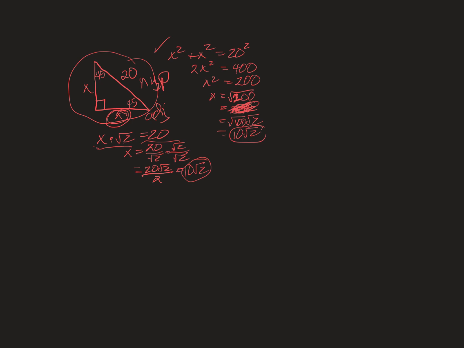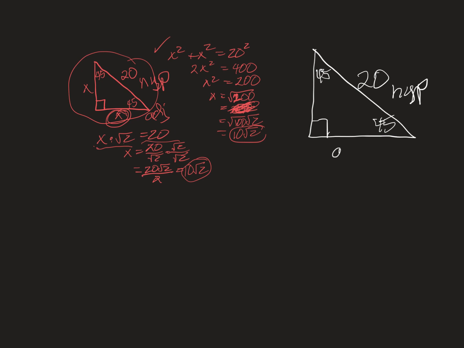I had something come up, kind of slowed me down. All right. And so if I redraw the diagram, I get 45, 45, 90, and this is 20. And it's also the hypotenuse. And then I'm going to call this side the adjacent, and I want to find the adjacent, which is x.